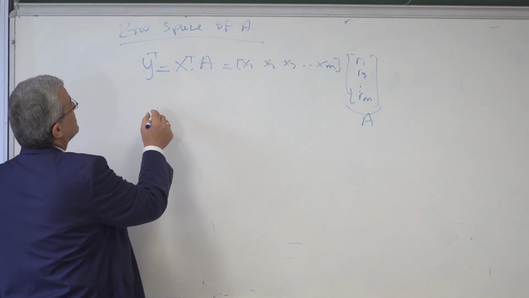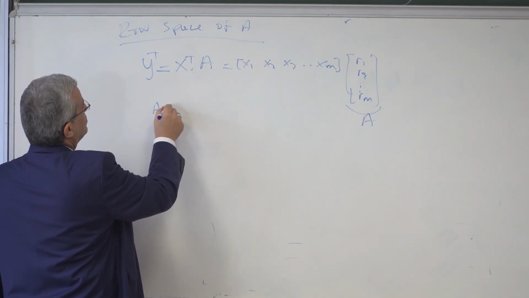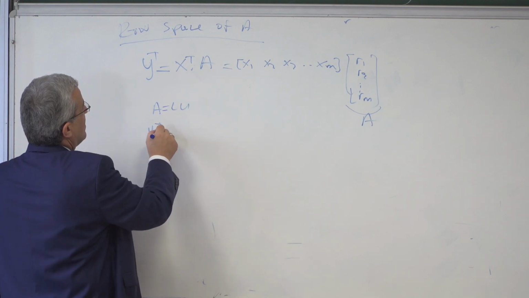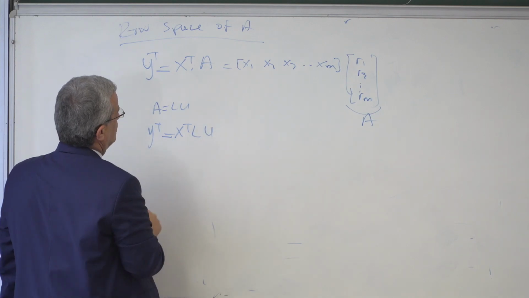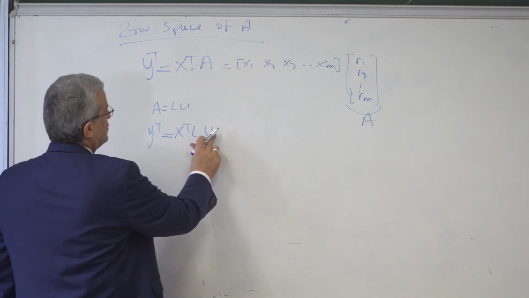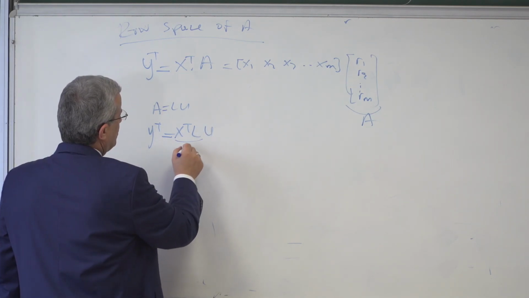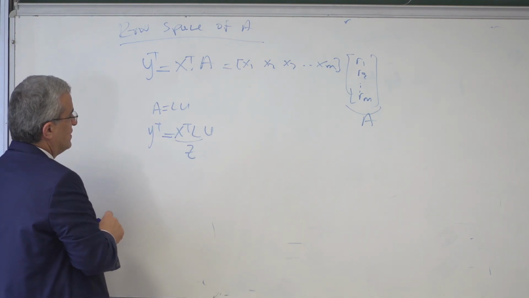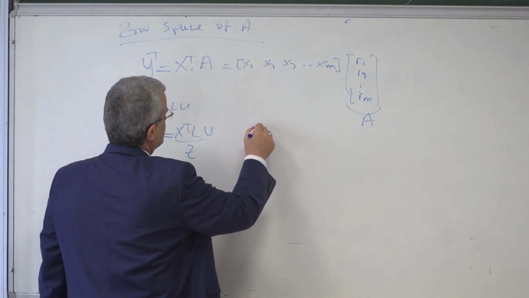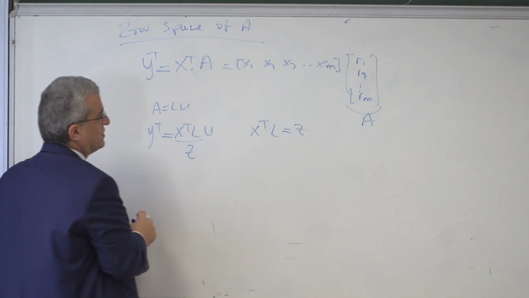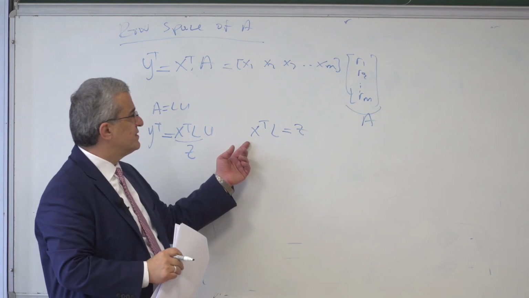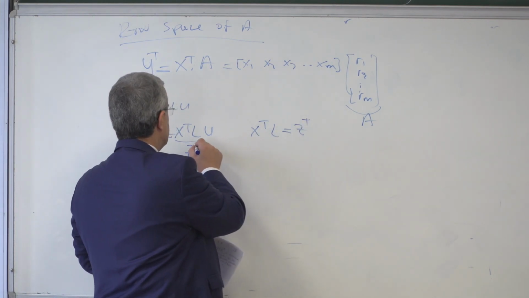So since we have A is equal to LU, then you have y transpose equal to x transpose LU, right? So let's call this Z, okay? So x transpose L, let's call it z transpose.